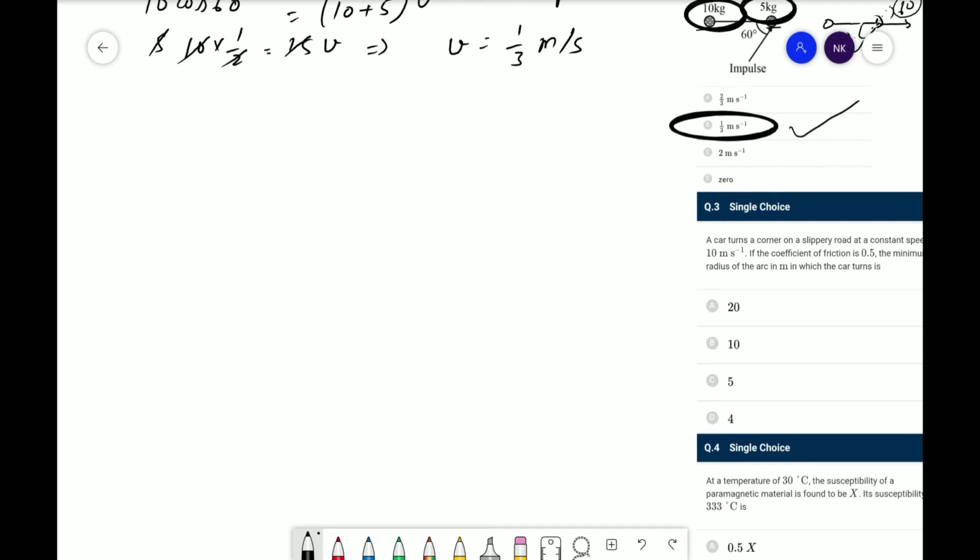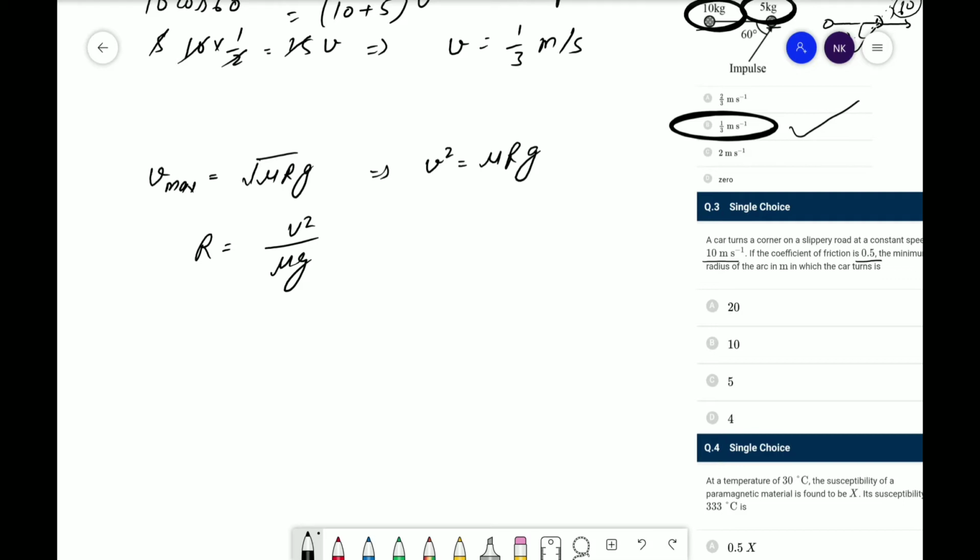We know that the maximum velocity for the turning is nothing but square root of mu r g. Square both sides, v square is equal to mu r g, hence radius will be equal to v square upon mu into g. Okay, what is given? Velocity is 10 meter per second, friction is 0.5, g is 9.8.